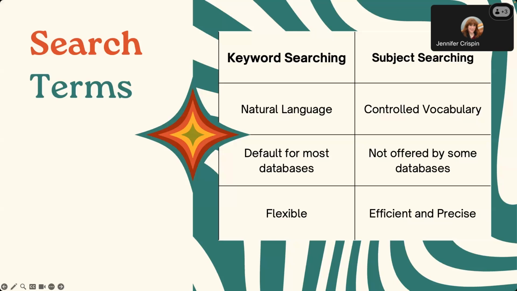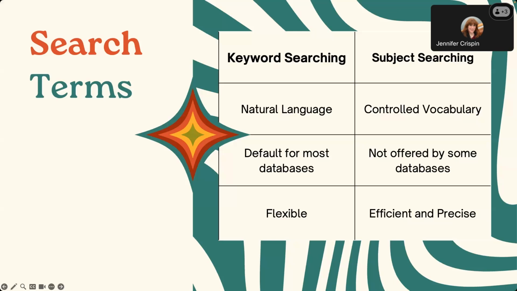Subject searching, when we talk about it in libraries and in databases, we are talking about a specific controlled vocabulary. And that's where researchers and librarians and experts have worked together to pick specific words to describe certain things. So when you're doing a subject search, you have to use the exact word that experts have agreed on.